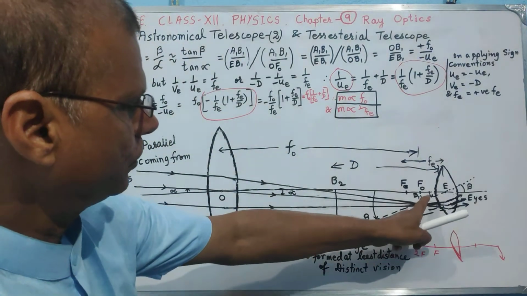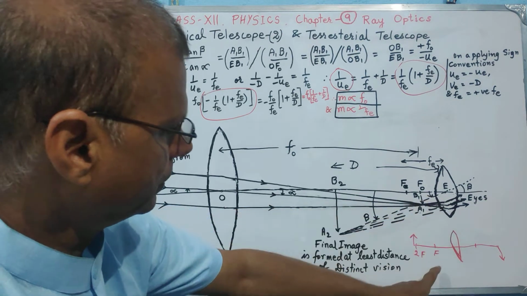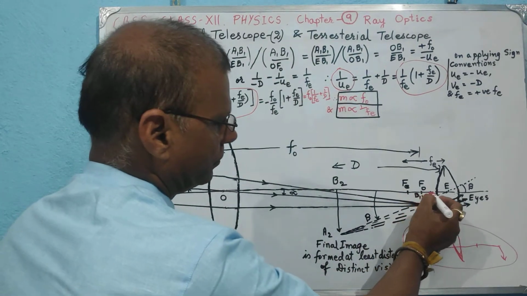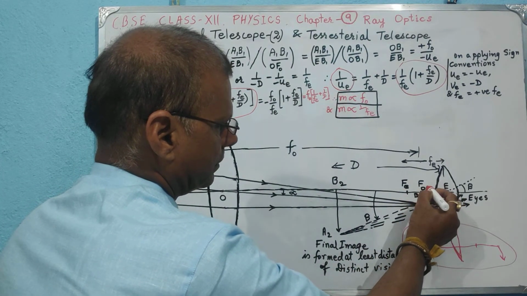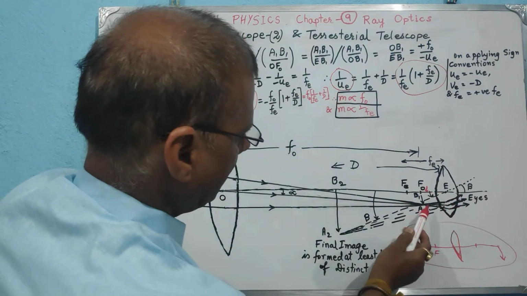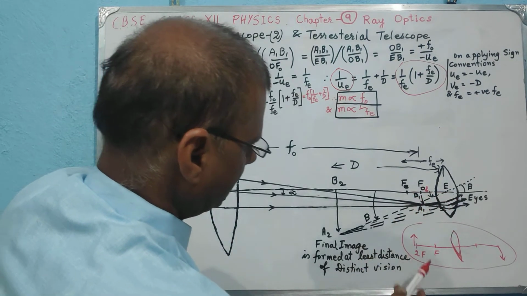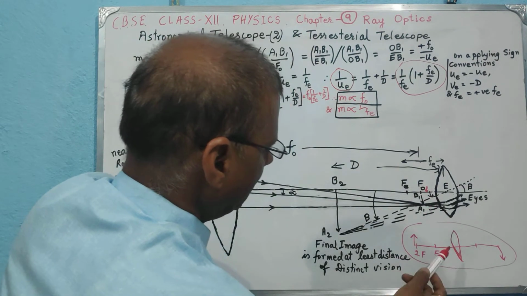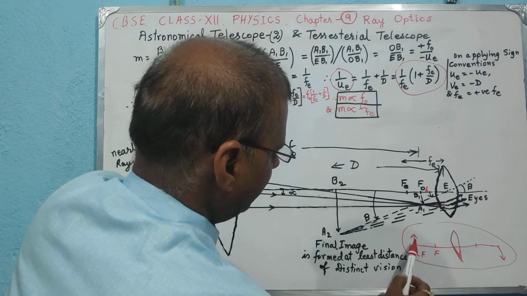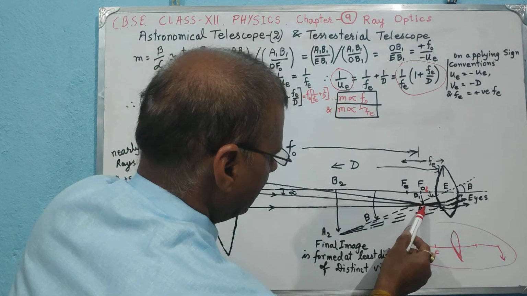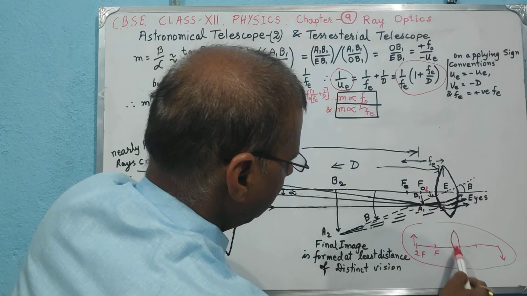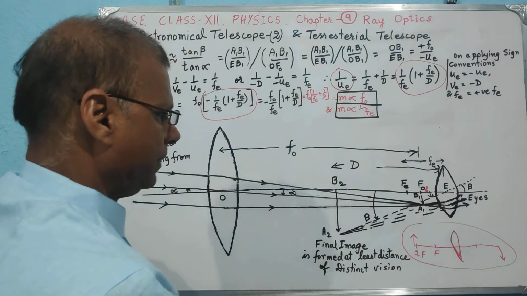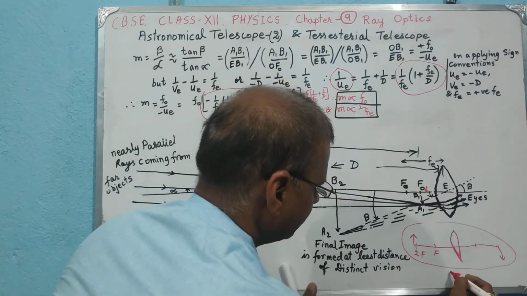So if we introduce this system, whatever is shown in red ink, over here such that A1B1 is placed at 2f of another lens which is introduced in between, then the final image, which is inverted over here, is produced by this lens inserted in between the objective and eyepiece. This is the inverting lens.